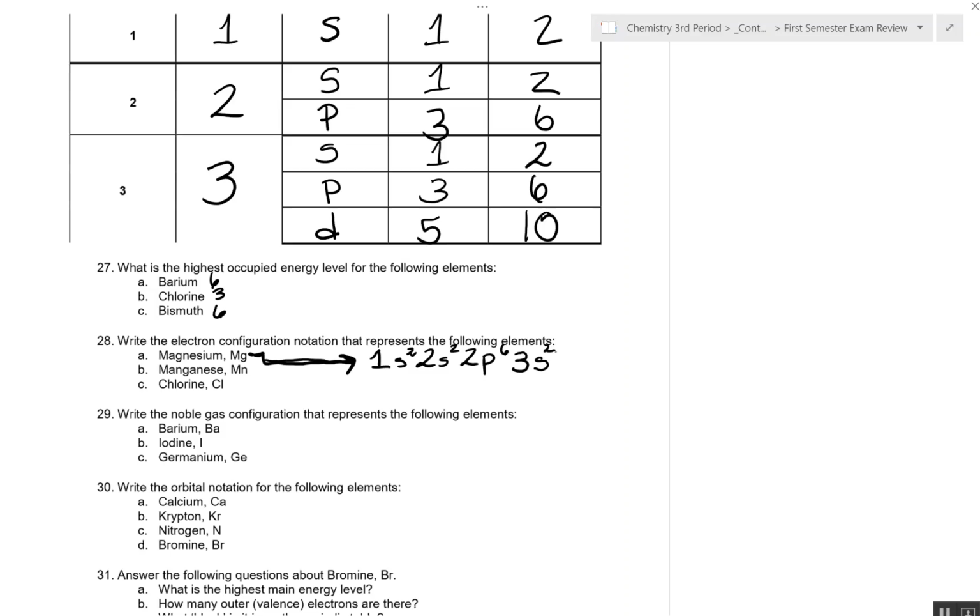Remember, the D's are one behind. 3D, 4P. All right? And so, this is your S block, only can hold 2. This is your P block, can only hold 6. Your D block can hold 10. They won't give you anything down here, but this is the F block and it can hold 14. So, let's go through a couple more of these.